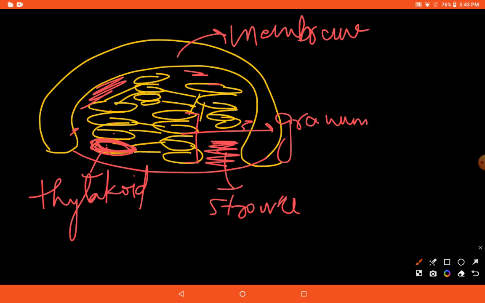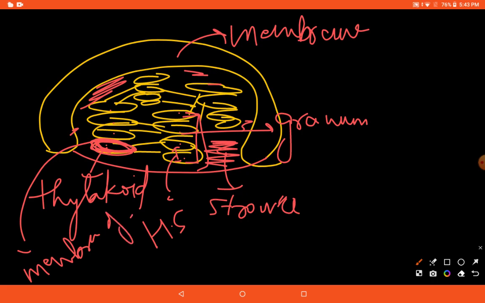Always remember that in one granum we've got so many thylakoids, and those have hollow spaces between them. And where are the chlorophyll pigments located? On the membrane of the thylakoid. Got it? This is a very simple diagram I have drawn here.